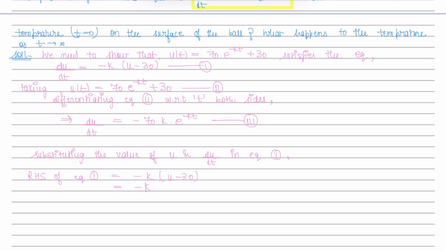The value of u here is 70 into e to the power minus kt plus 30 minus 30. The 30 gets cancelled out and it becomes minus 70 into k e to the power minus kt, which is equal to the left hand side of equation number 1.